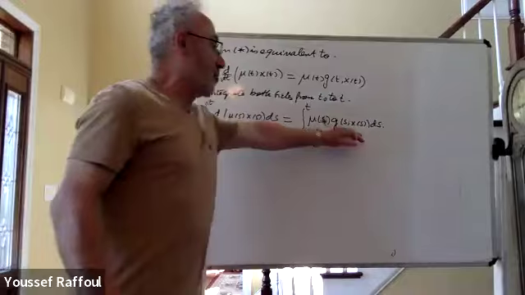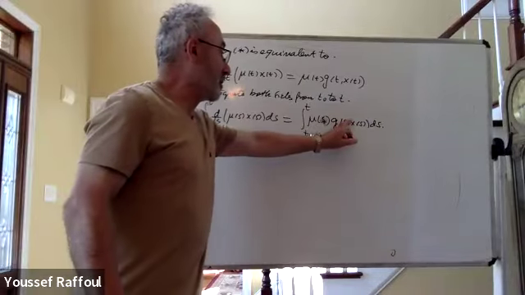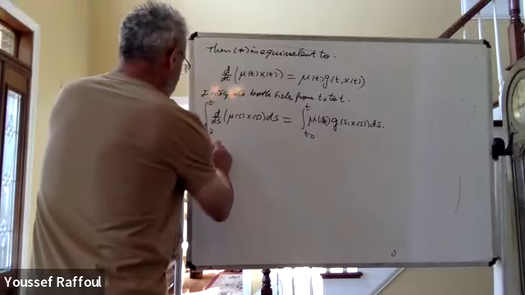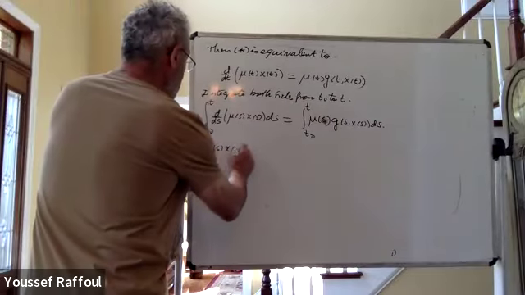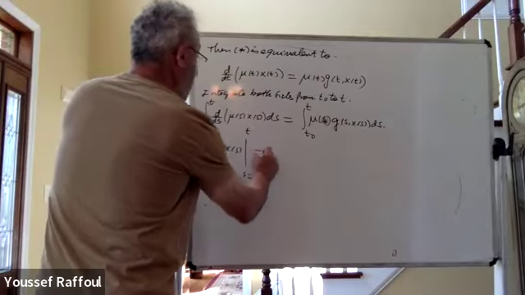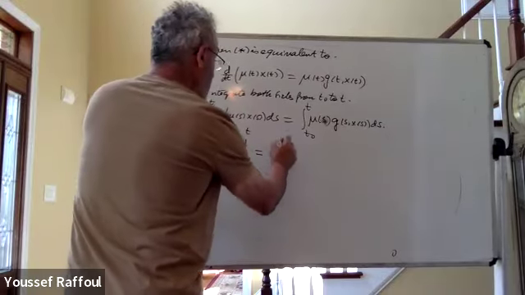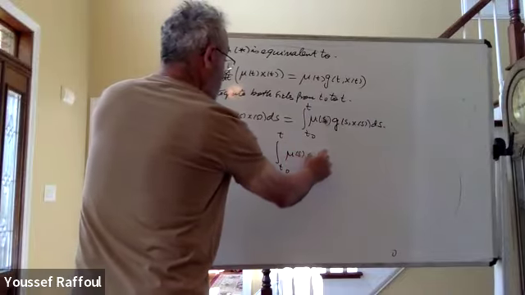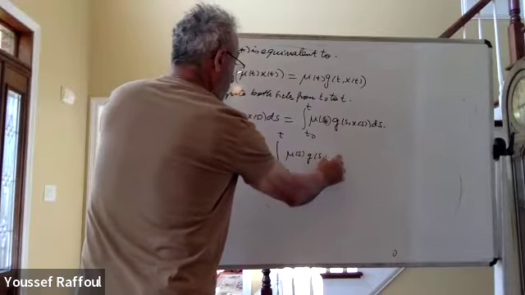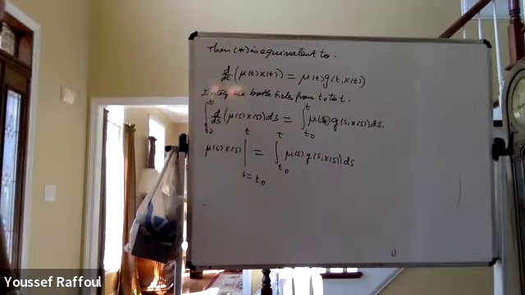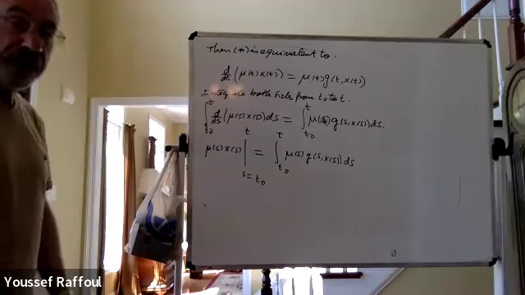Now, that one, I don't know what it is, so I'm going to leave it alone. But this, I can integrate. This one is mu(s) x(s) from s equal t naught to t, equal to the right-hand side, the integral of mu(s) g(s, x(s)) ds. Okay?